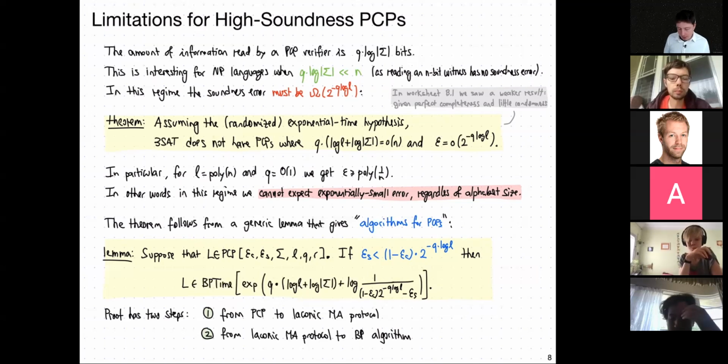Each of these is a pretty simple proof, and each of them is going to be one slide. Any questions about how this relates to that and why this is a limitation on PCPs? Just pause for one minute, make sure people are following.